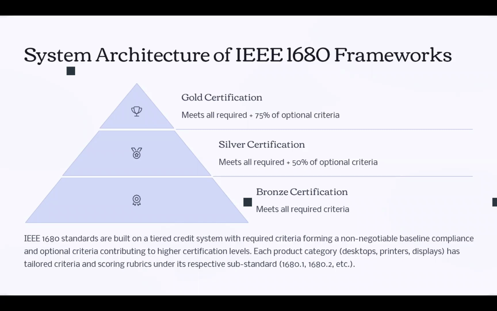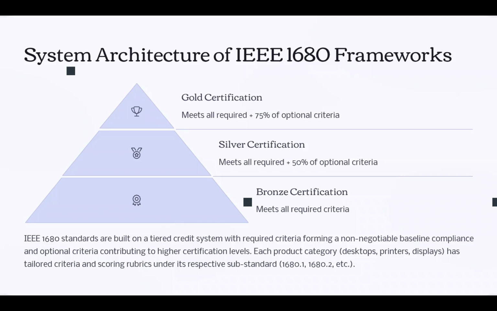Now, gold is the top tier, for products that go above and beyond, meeting all the required items and also covering 70% or more of the optional points. Now, required criteria are the must-haves, so you can't skip these if you want certification at any level. Optional criteria are where manufacturers can show off by doing more.